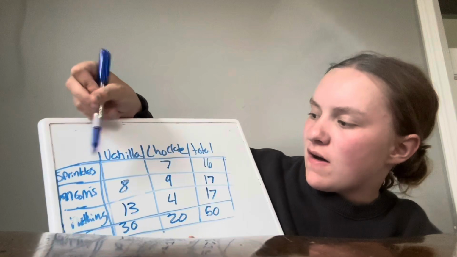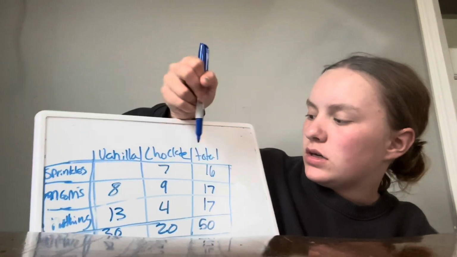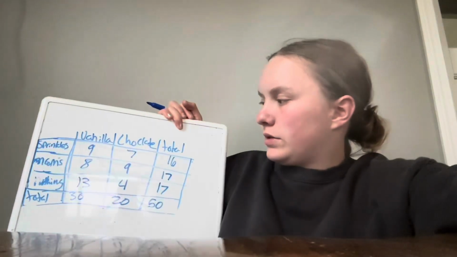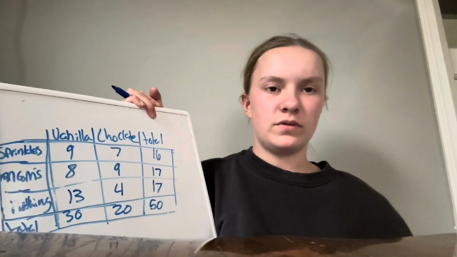Or we're going to do 17 plus 17 minus 50. That number is 16. Now we need to figure out how many people liked sprinkles with their vanilla ice cream. We're going to do 16 minus 7. The answer is 9. So this is how we make a frequency table.